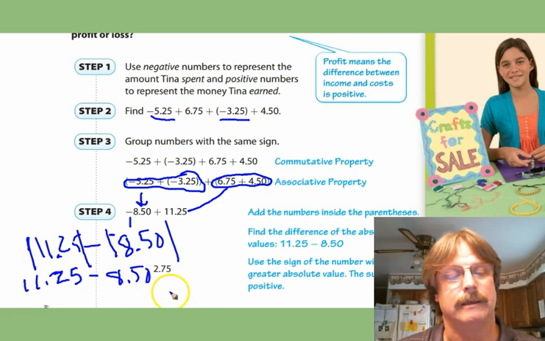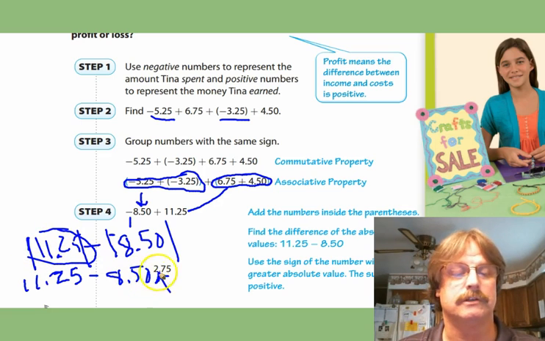We go through the math and we get $2.75, and we take the sign of the larger number. 11.25 is positive, so that's why it's going to be she made $2.75.